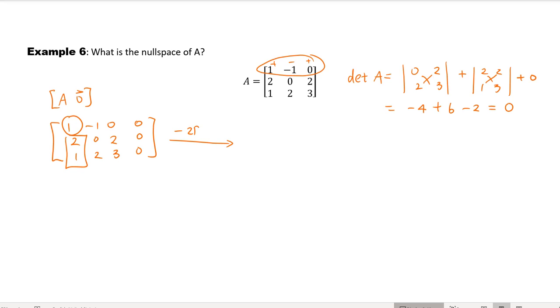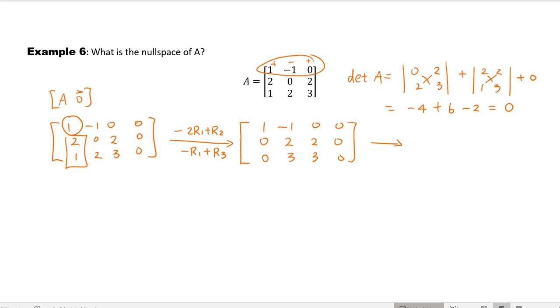So -2 row 1 added to row 2, -row 1 added to row 3. 1, -1, 0, 0, stays here. 2 minus 2, 0. 0 minus 2 times -1, 0 plus 2, 2. 2 minus 0, 2. And 1 minus 1, 0. 2 minus -1, 2 plus 1, 3. 3 minus 0, 3.